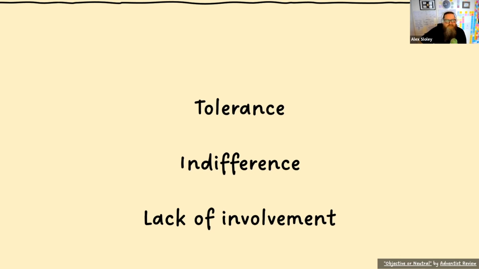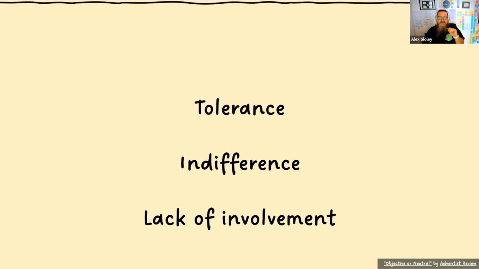So, neutrality. It's when you tolerate something because you're indifferent to what's happening. It does indicate a lack of involvement. You don't want to get involved in that thing. Doesn't matter to me. I'm just going to tolerate what's going on. That's neutrality. Now, the reason I bring that up is because neutrality can be involved in ZFG, but it isn't necessarily involved in ZFG.